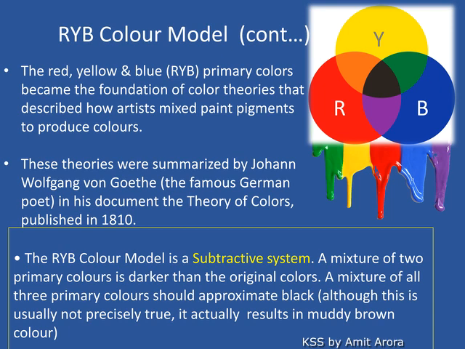This RYB model became the foundation of color theories in the 18th and early 19th centuries, where artists mixed paint pigments to produce different colors. The RYB color model is a subtractive system. We will learn more about it. A mixture of all these 3 primary colors results in a darker approximation of black, though actually it results in a muddy brown color.